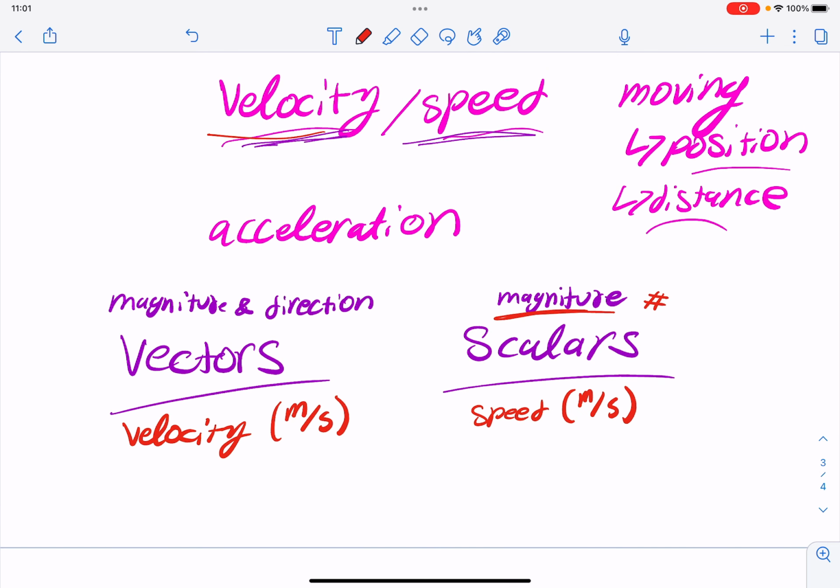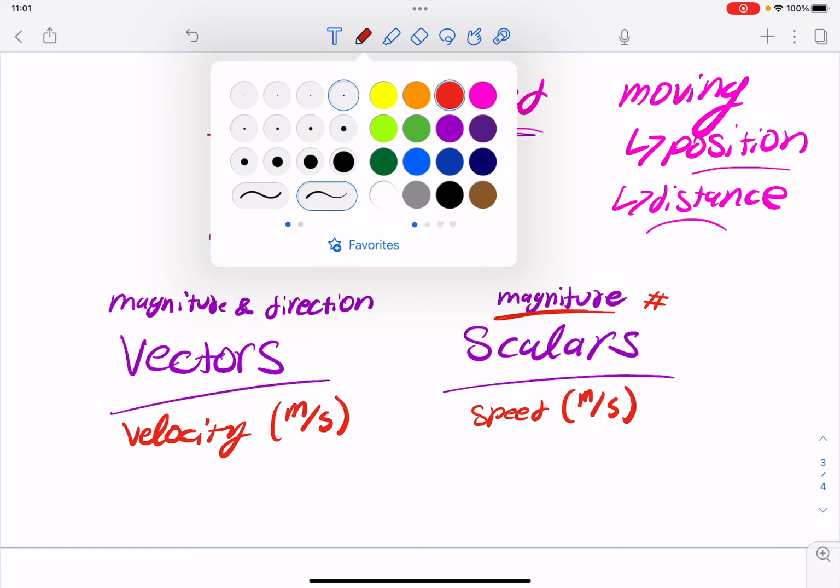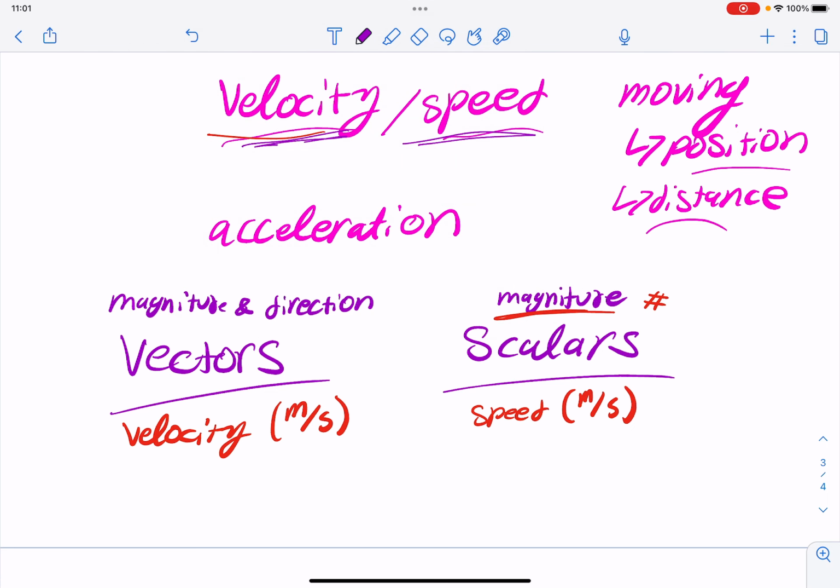Now, our position and distance, right? You can say position and distance are the same thing. Well, distance, I can tell you I'm 20 meters away. Does that tell you anything other than that I'm 20 meters away from some form of reference point? No, right? So if I'm 20 meters away, I can be 20 meters up.